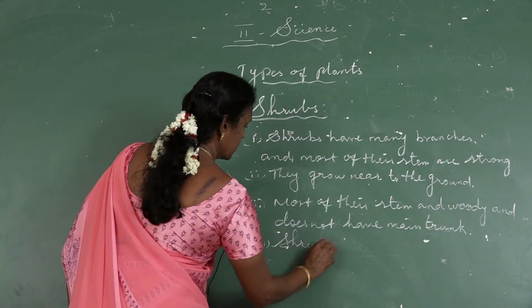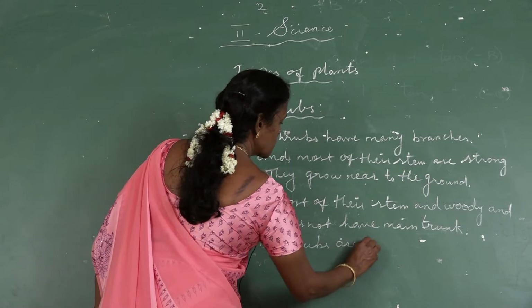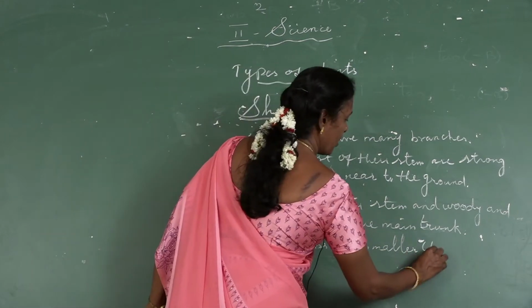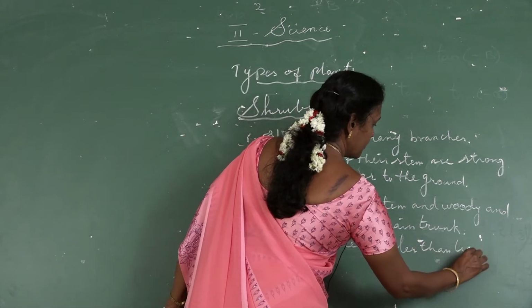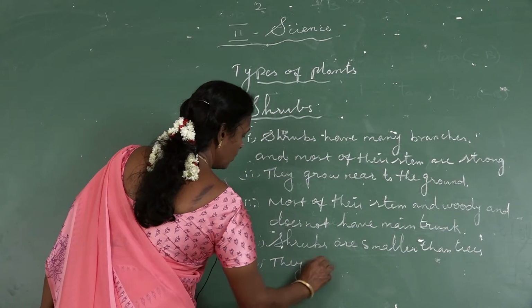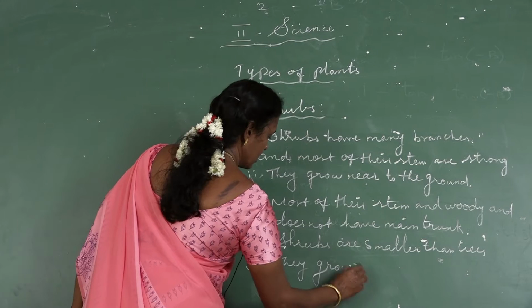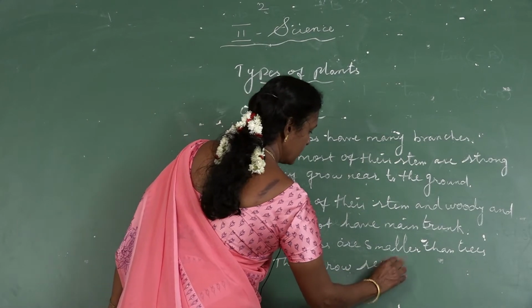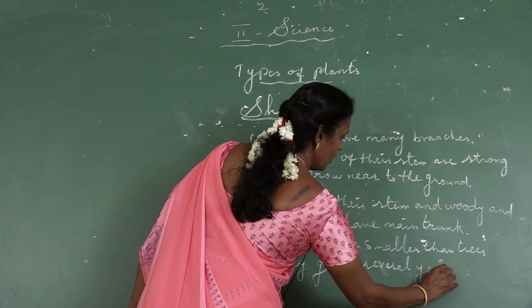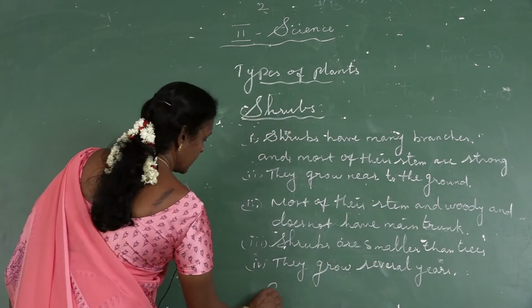Shrubs are smaller than trees. They grow several years.